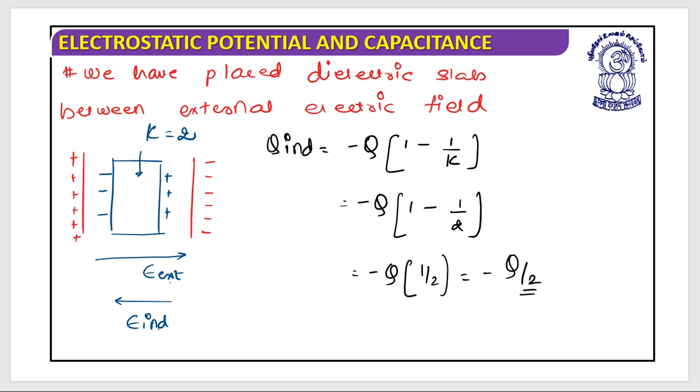So whatever I get in the plate, what I need to write is E inside would be equal to E external minus E induced. I hope these things are clear. Yes, and that would be E naught by K.